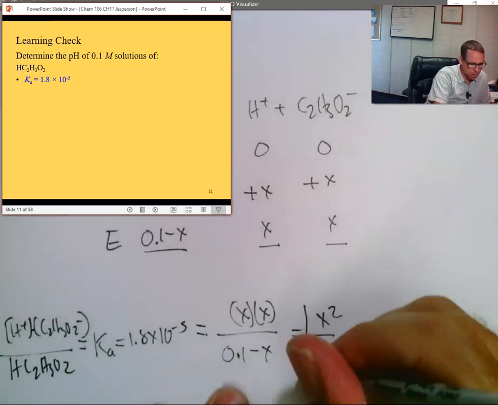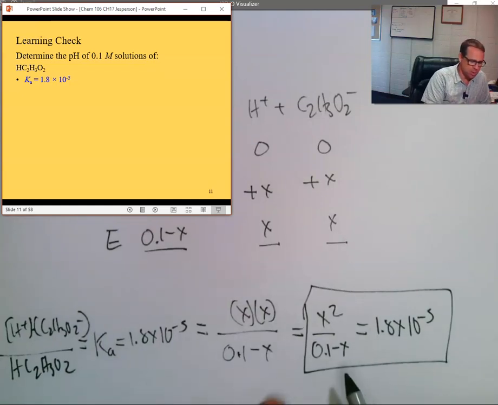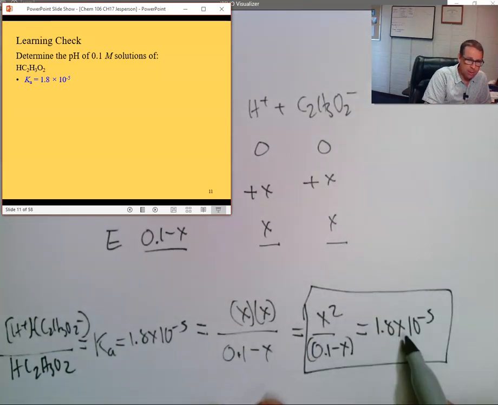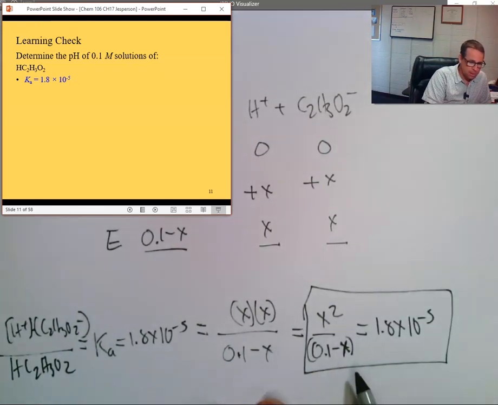Okay, Jace, now how do we solve this? We're going to multiply each side by 0.1 minus x, and then we'll have x squared equals 0.1 times 1.8 times 10 to the negative 5. So let me do that real quick. Make sure, I think this is what you said, but I'm not positive. We're going to multiply this bottom number here by this, right? Yeah, and we'll have to distribute that. We'll have to multiply each one of those variables by 0.1.